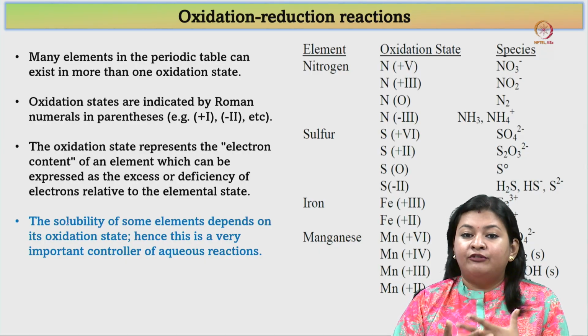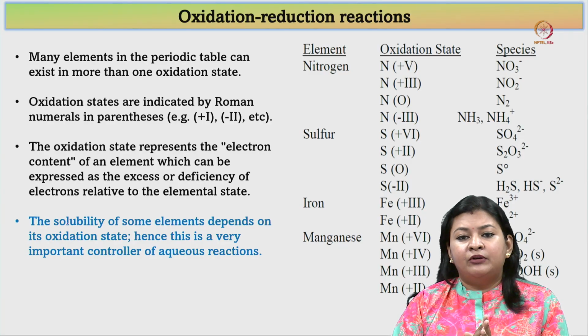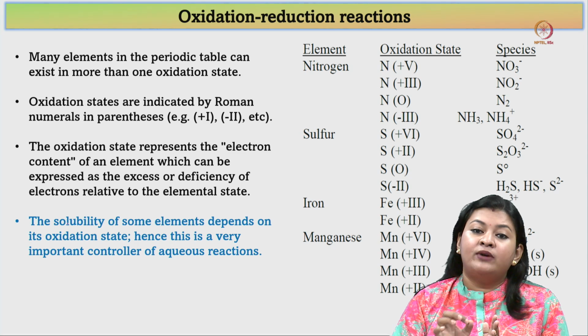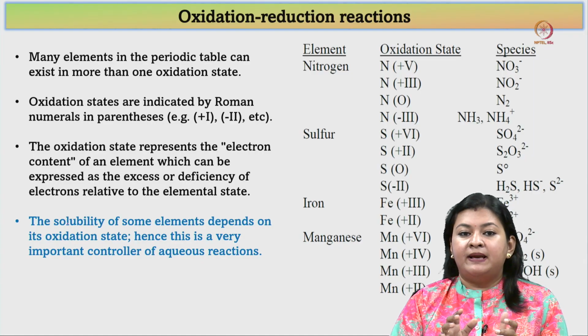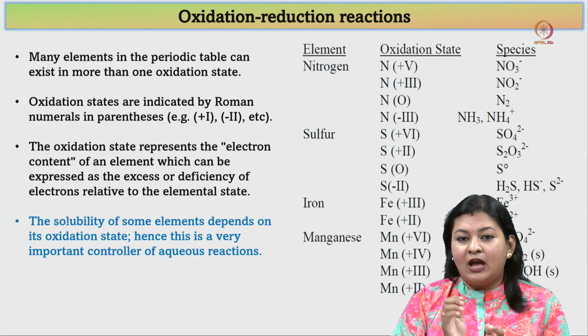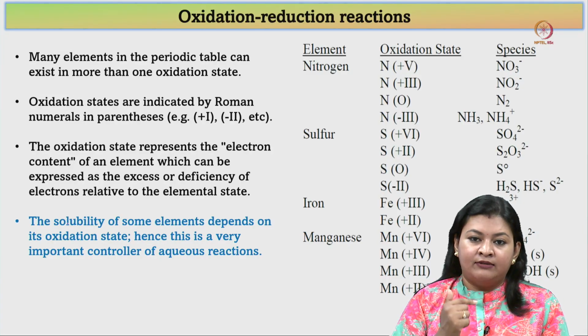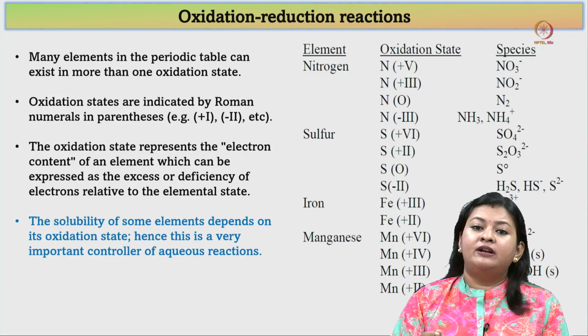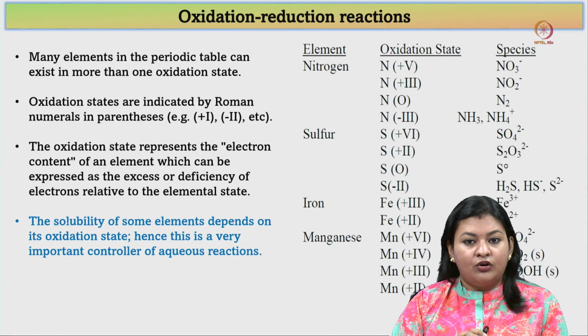Whatever electrons are available for exchange, the element is either depleted in electrons and available to accept that many electrons, or it has electrons in excess of its stable form and will give them out. It all depends on the stable state and how many extra or deficient electrons it has. So it can either give out those electrons and become more stable, or accept a few more electrons to attain a stable electronic configuration.